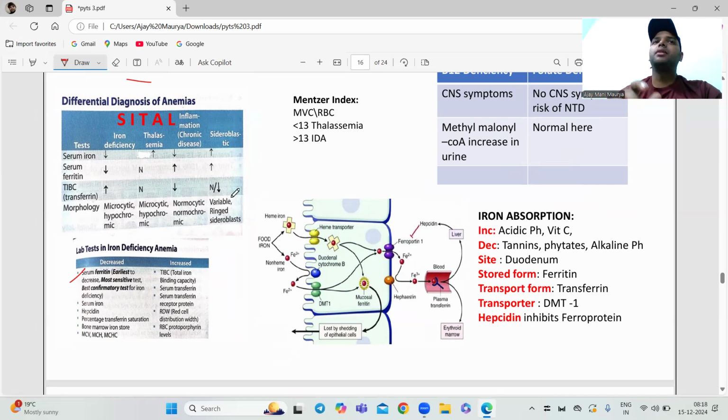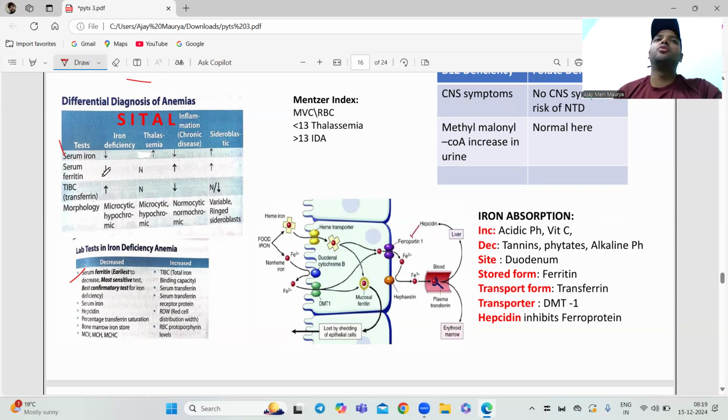Also, guys, please remember the serum iron. Serum ferritin level is always inversely proportional to the TIBC.